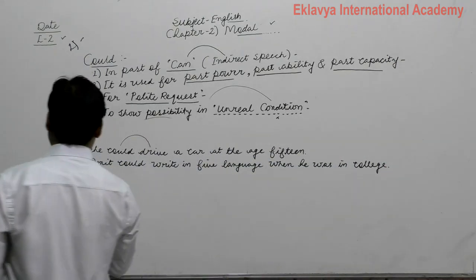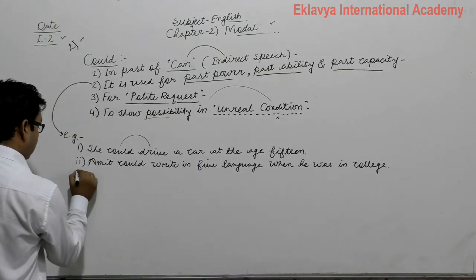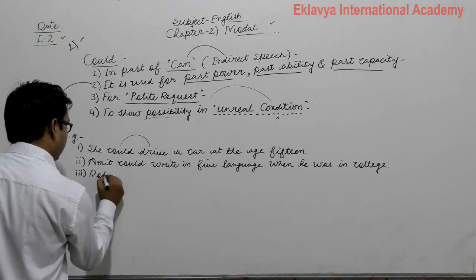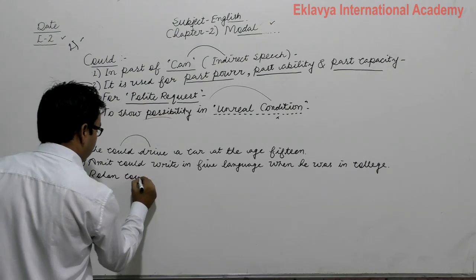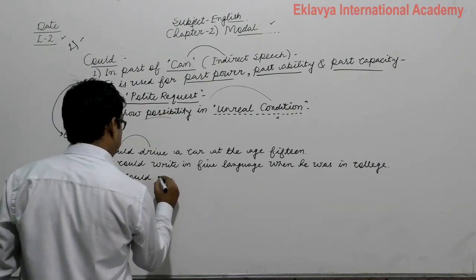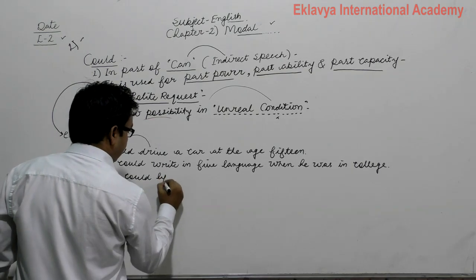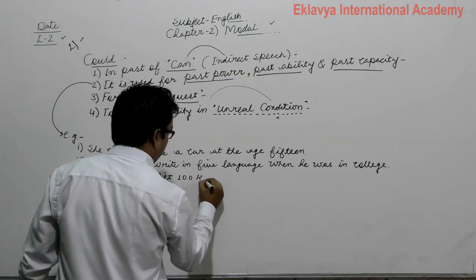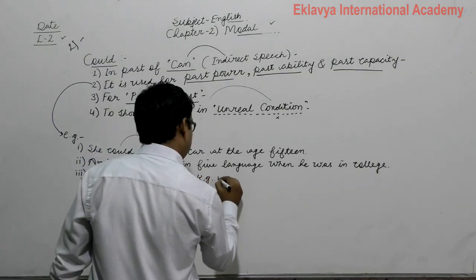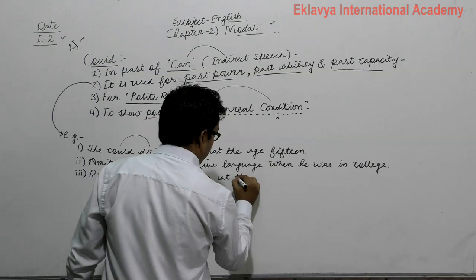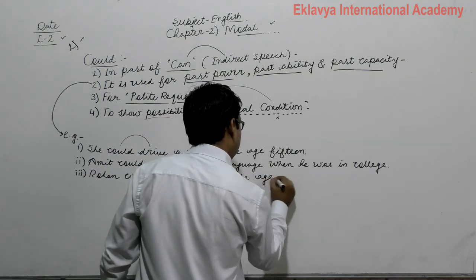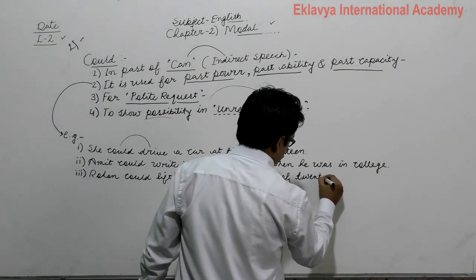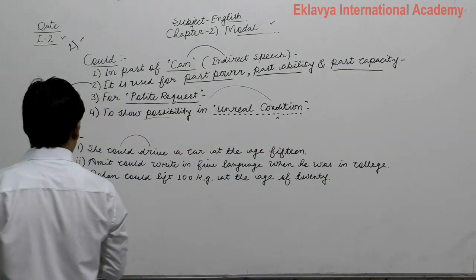Okay, next we have Rohan could lift 100 kilogram at the age of 20.